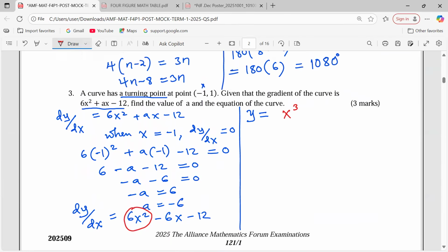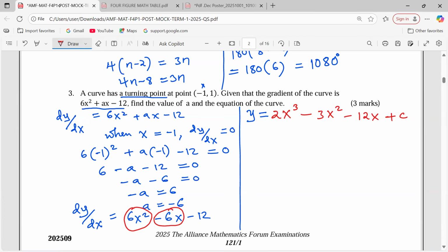So 6 divided by 3 becomes 2. Minus, here we have -6x, so the power of x becomes 2, which increases by 1, and the new power divides, so this becomes 3. Minus 12, x is introduced, then the arbitrary constant of integration.